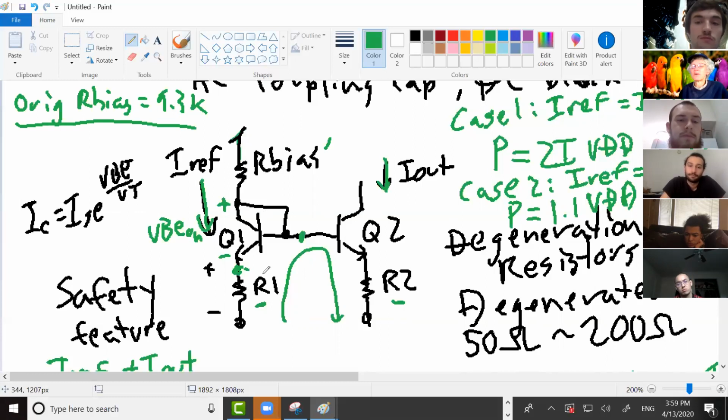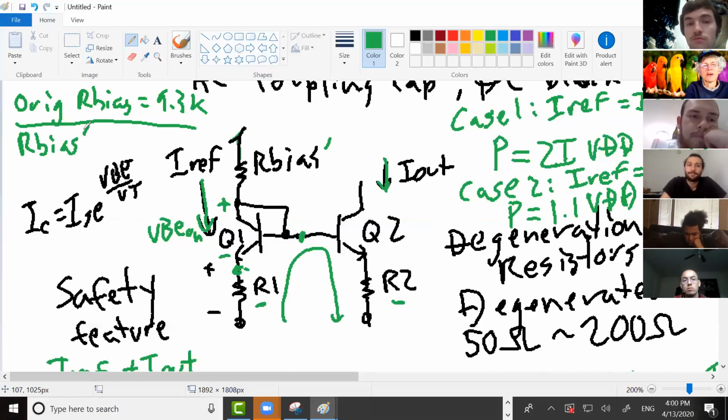You're going to have the same current going through, same IREF. And they should equal the original resistance. This might not feel right now, but your R bias prime, your new R bias, equals your original R bias minus R1.